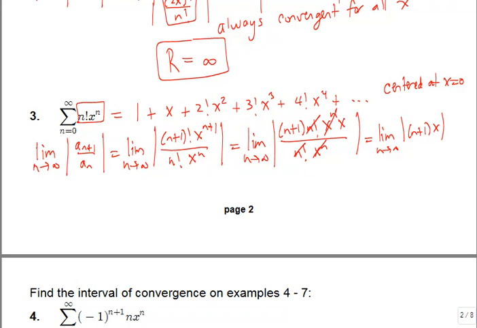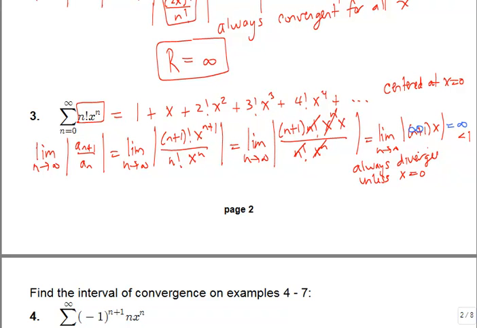So what's going to be the limit of this as n gets big? Well, if this is getting big, then the whole thing is getting big. So this goes to infinity. So there's no way that this is going to be less than 1 except potentially at 0, the point where we are centered at. Because if x is 0, then this could become 0 and be less than 1. So this is never true. This is always going to diverge because it's going to infinity unless x is 0.